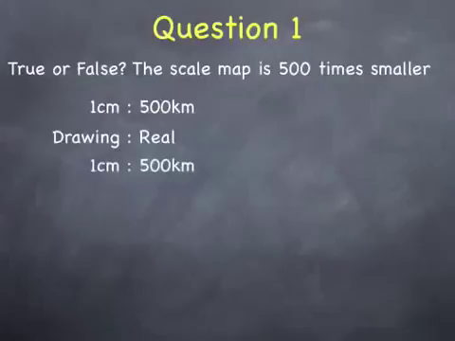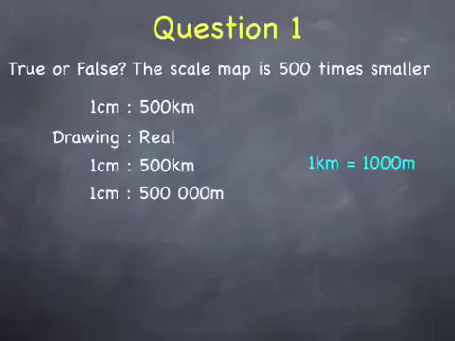So I'm going to look at the 500 kilometres. I'm firstly going to convert that to metres, then centimetres. So there's 1,000 metres in a kilometre. So 500 kilometres I'm going to times by 1,000, and I get 500,000 metres. So 1 centimetre is also 500,000 metres.